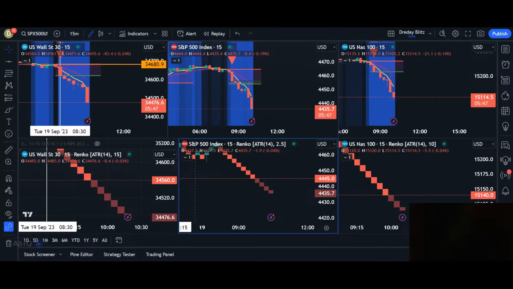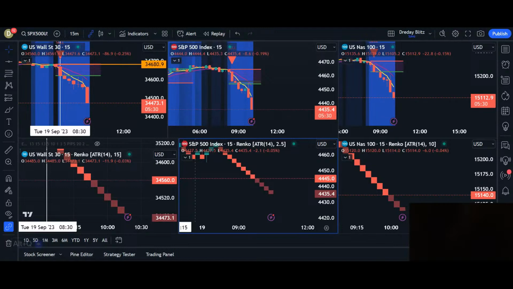So it's still showing bearish here on the three indices. So we're keeping our position open. You could trail your trade if you want to.